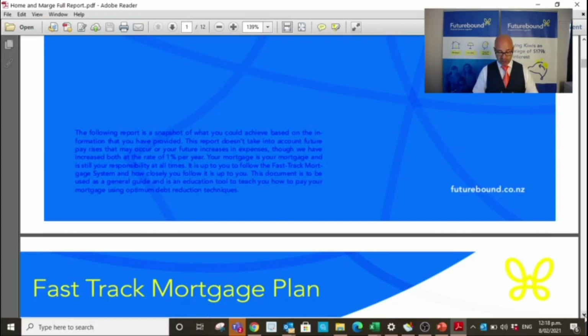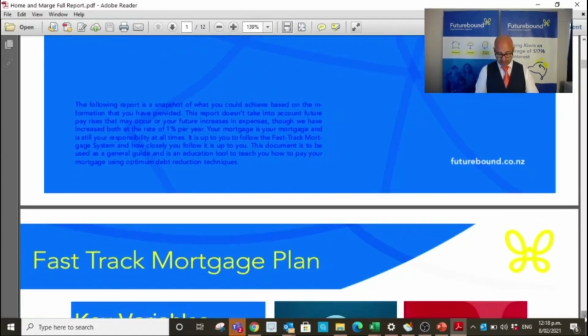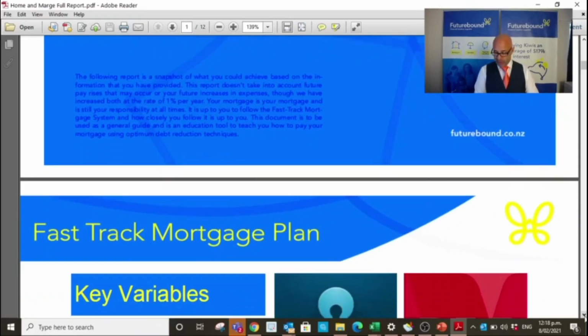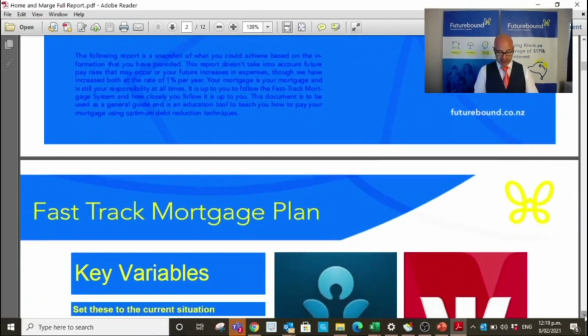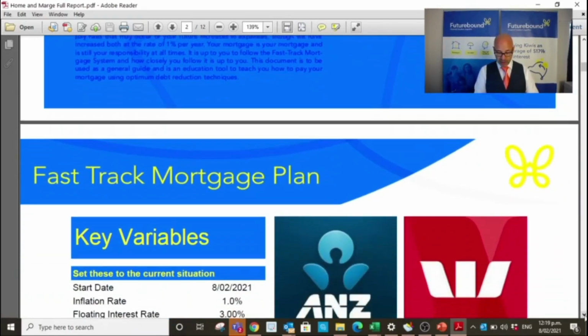It is up to you to follow the Fast Track Mortgage system, and how closely you follow it is up to you. This document is to be used as a general guide and as an education tool to teach you how to pay your mortgage using optimum debt reduction techniques. That's because we are advocates of personal responsibility and everyone still needs to own their own journey.